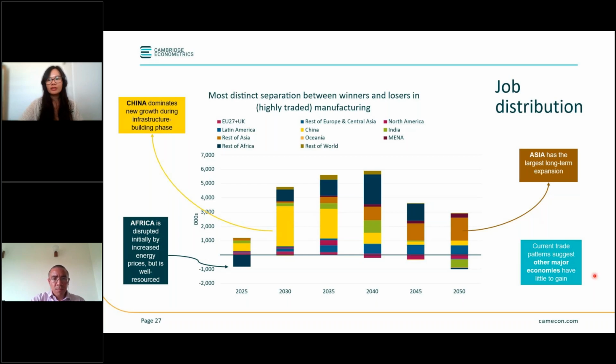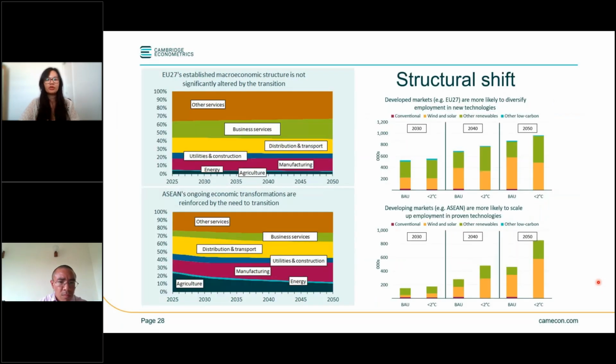It is also in a similar fashion that historical development status and current trade patterns are a very strong driver of structural shifts within different economies. So what we can see from the results is that for developed economies such as the EU, there is quite little change in the sectoral composition over time compared to developing economies like ASEAN countries, for example.